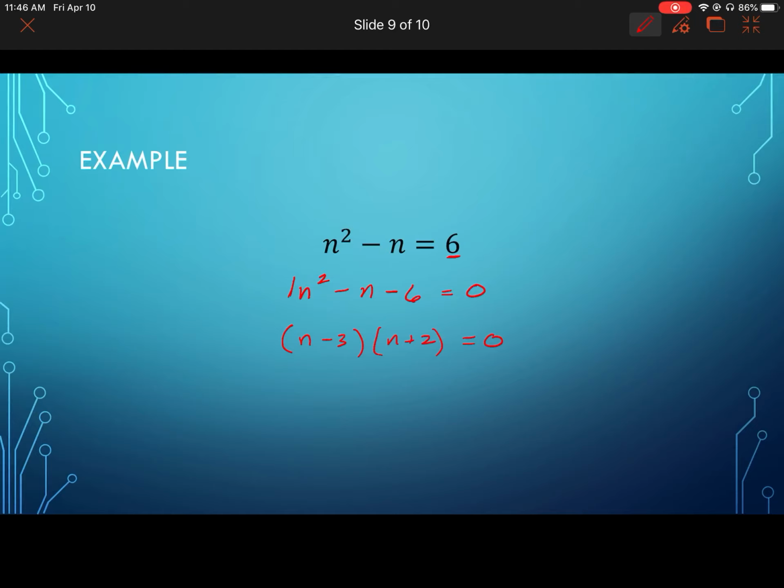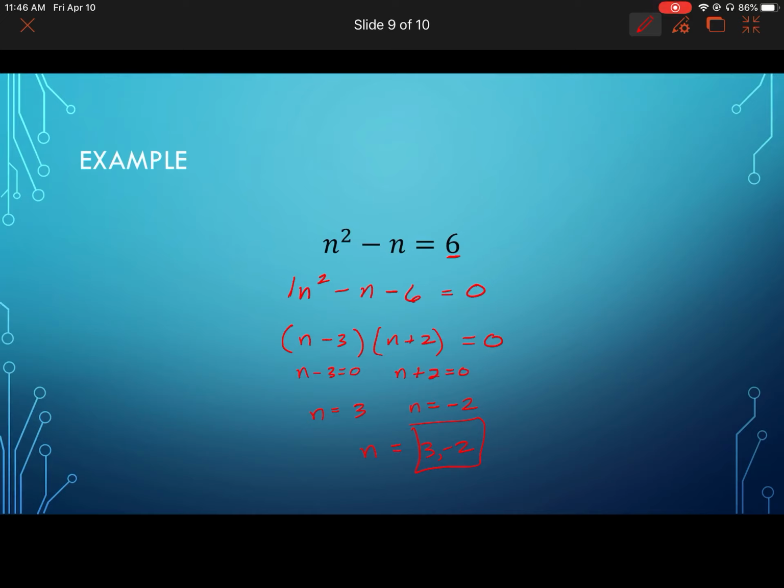Now I'm going to use the zero product property, which says that I'm just going to set the n minus 3 equal to 0, and I'm also going to set n plus 2 equal to 0 to get my two answers. So n equals 3, n equals -2, so my two answers would be 3 and -2, okay?